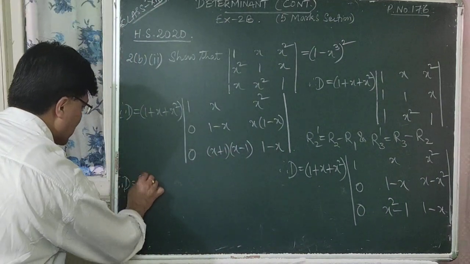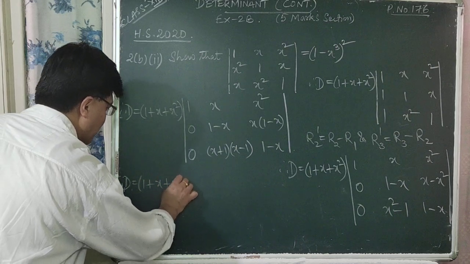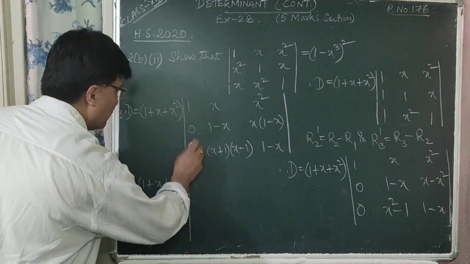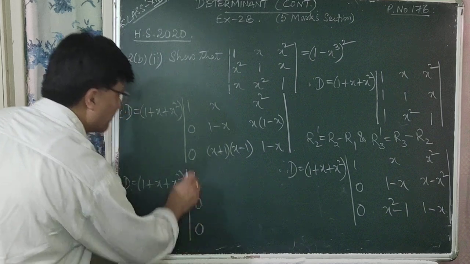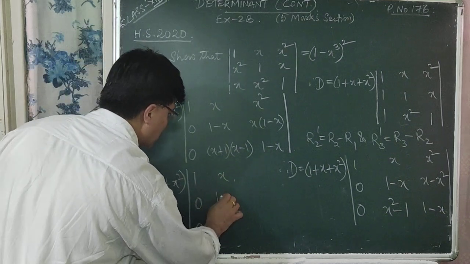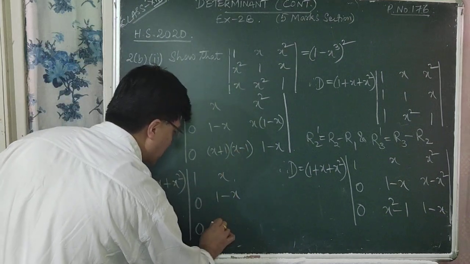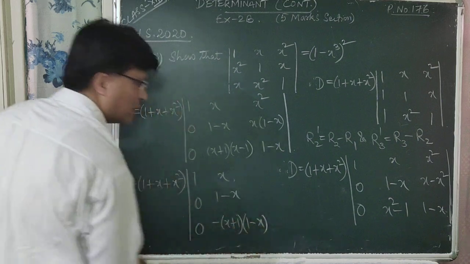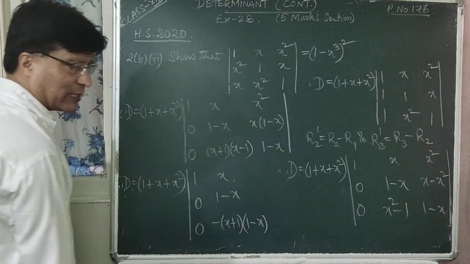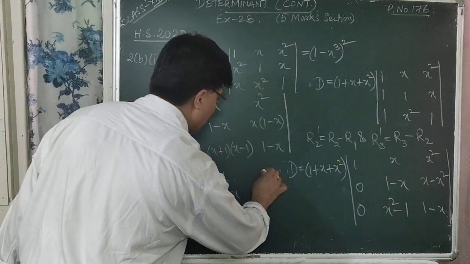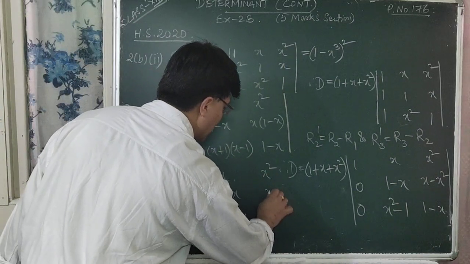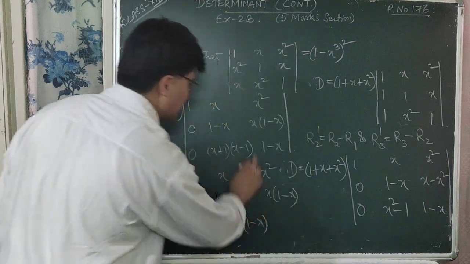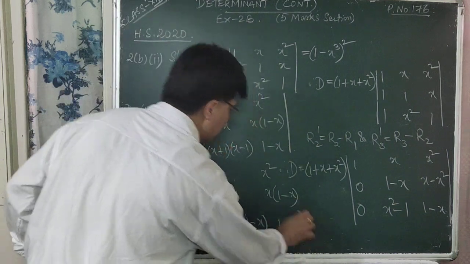Therefore D is equal to 1 plus x squared. First column 1 0 0. Second column x. 1 minus x, here minus is taken common, and then it is 1 minus x, so that you can take common from the second row and the third row. Okay, and x squared, x into 1 minus x, and this is 1 minus x.